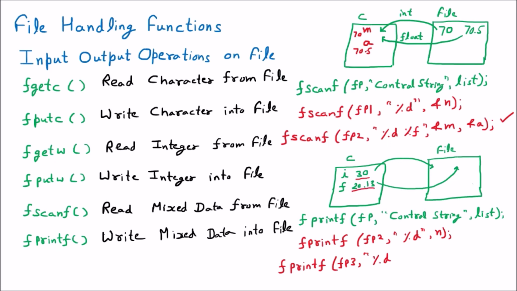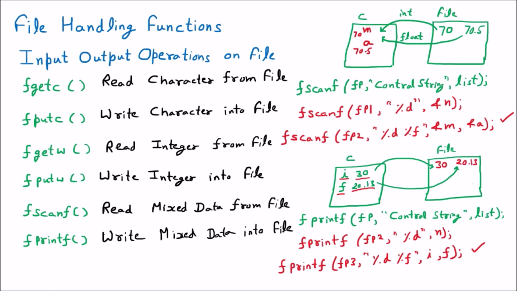The next value is float, so we pass %f. Now their corresponding variables i, comma, f. Now by writing this line, the contents of i and f, which are integer and float, are copied to the file. So 30 and 20.13 are copied to the file.